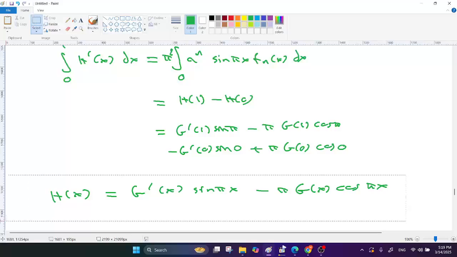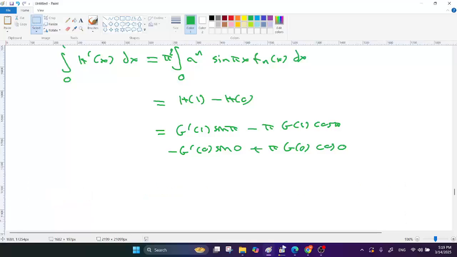Now let's delete each x because we have finished substituting 0 and 1. So this equals sin π is 0. Sin 0 is 0. We have just cos π is minus 1. So minus minus π g(1) plus π g(0) because cos 0 equals 1. And this equals π (g(1) plus g(0)).